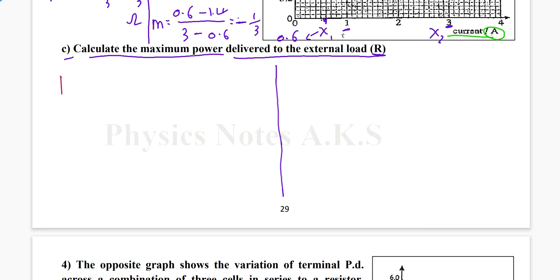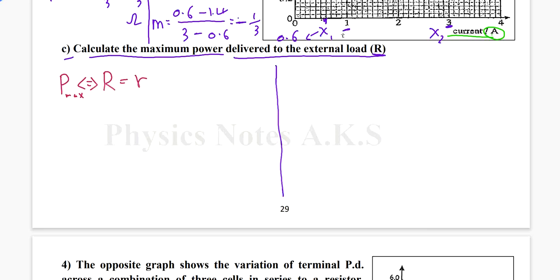I will have P max only in one case, when the external resistance is equal to the internal. In this case, I will have a maximum power.